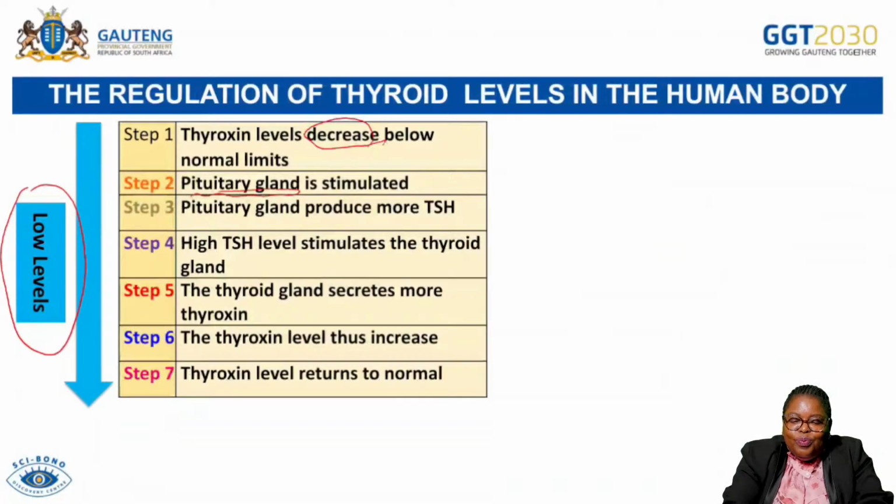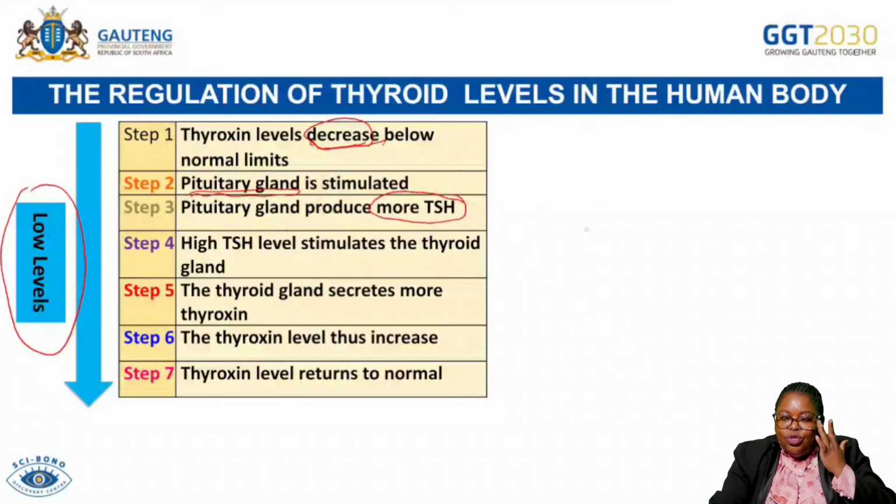The pituitary gland is going to be stimulated to produce more thyroid stimulating hormone, TSH. And if we've got high TSH, that stimulates what? The thyroid gland. So the thyroid gland is going to be stimulated because of high levels of the TSH.